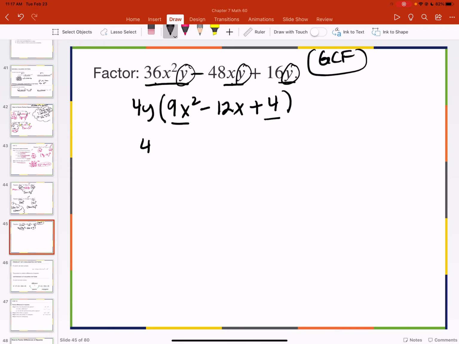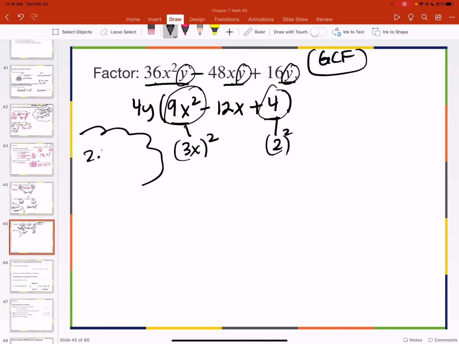So this is going to be 4y. Before we write out the answer, let's see if this works. This is going to be 3x squared. This one's going to be 2 squared. And then we need to ask ourselves, 2 times 3x times 2 is going to be 12x, right?